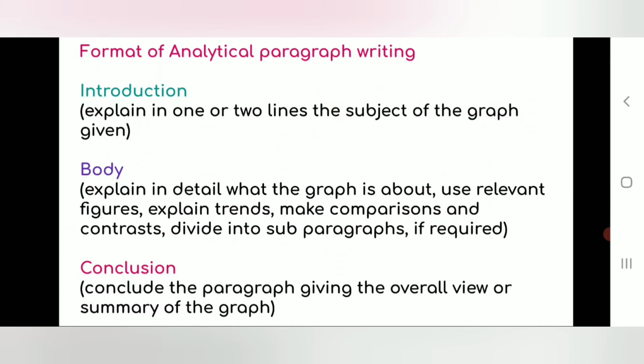You can divide it into, children, first paragraph, second paragraph, third paragraph, like that you can make the paragraphs. You know how to start a paragraph. You have to leave some place from the margin and then start a paragraph. Then only we say it is paragraph writing. And then you have to conclude. There will be a conclusion for everything. So in the conclusion, what you are going to write here is the overall view or the summary of the graph.